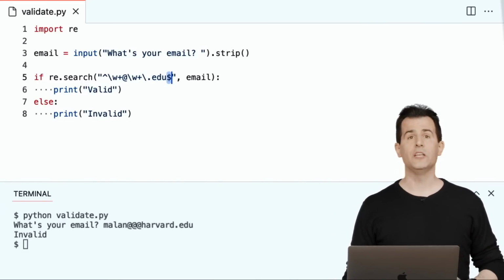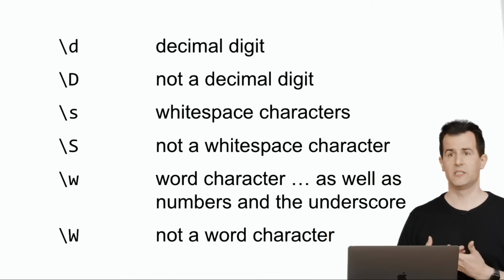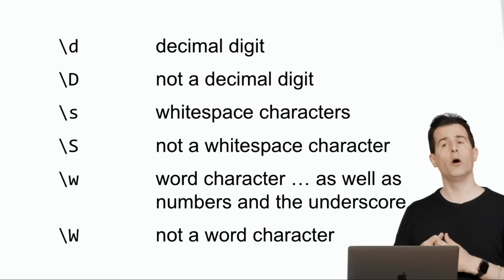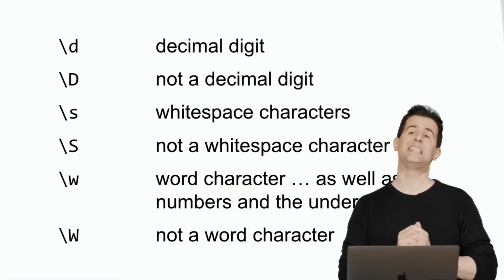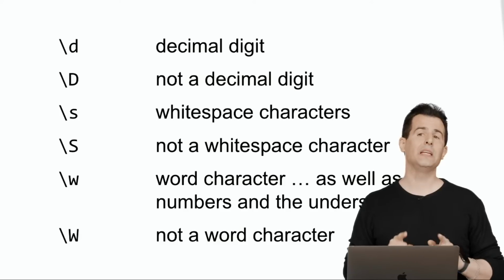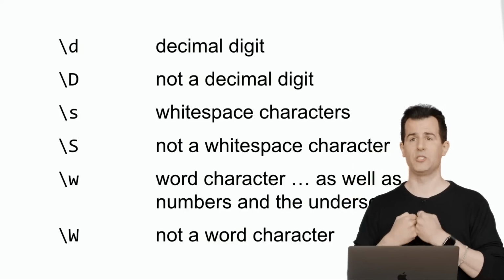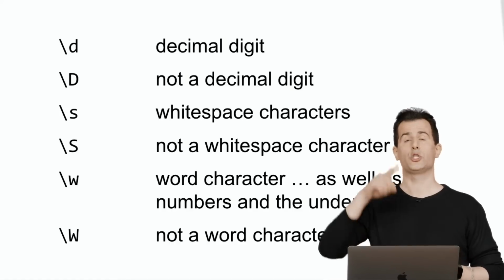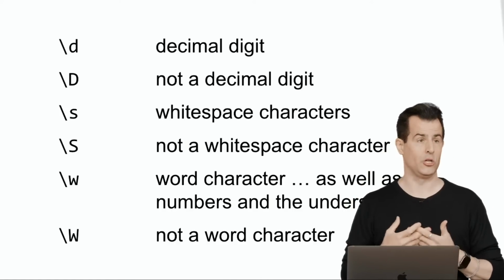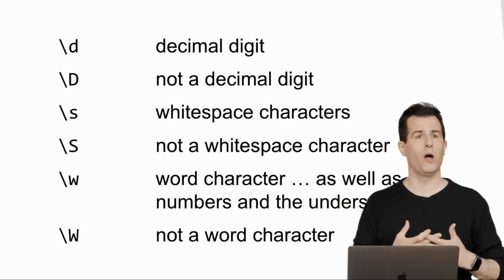So there's more of these too, and we won't use them all here, but here is a partial list of the patterns you can use within a regular expression. One, you have \d for any decimal digit, meaning 0 through 9. Commonly done here too is if you want to do the opposite of that, the complement, so to speak, you can do \D, which is anything that's not a decimal digit. So it might be letters and punctuation and other symbols as well.